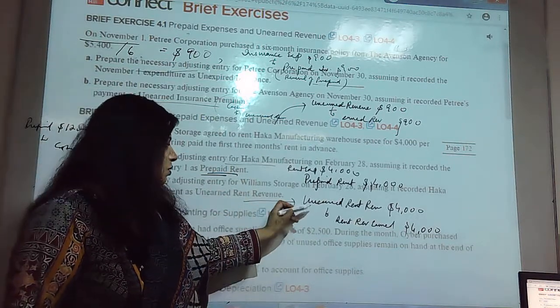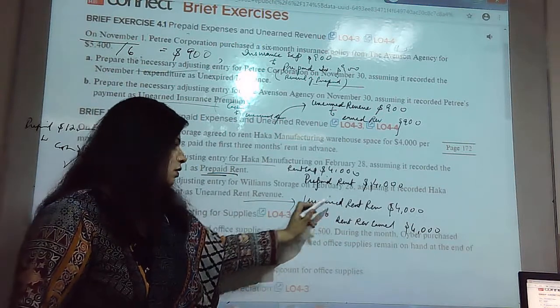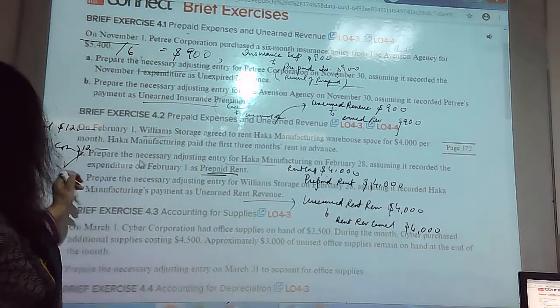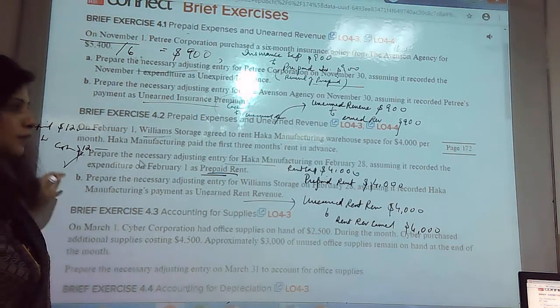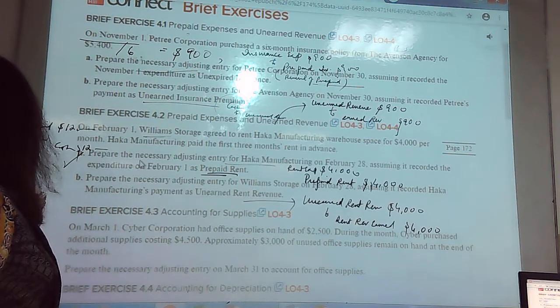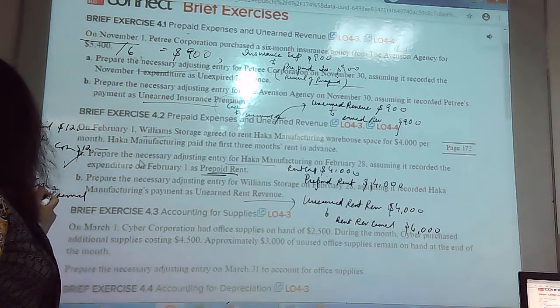And then this is the part where the other person has to record his side of the story. So unearned rent revenue is reversed, because when you made a prepaid, he got the unearned. So it was cash to unearned. The prepaid is actually unearned.